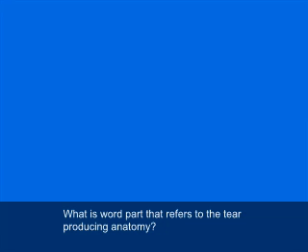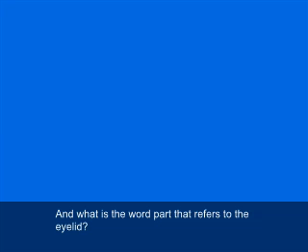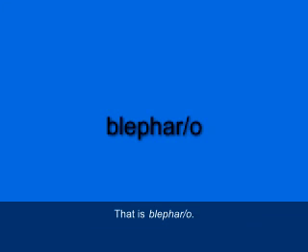What is the word part that refers to the tear producing anatomy? That's lacrimo, LACRIM/O. And what is the word part that refers to the eyelid? That's blepharo, BLEPHAR/O.